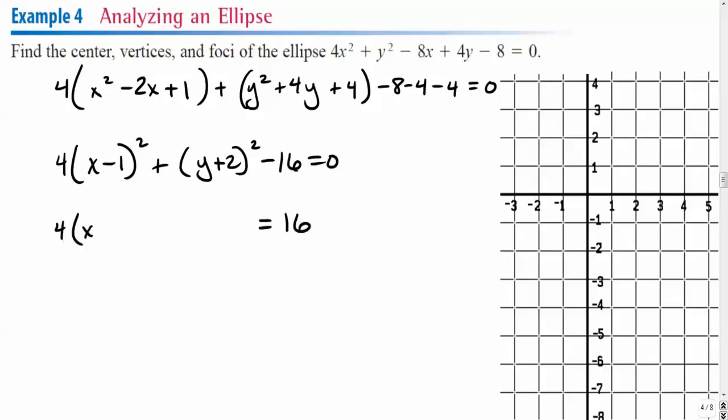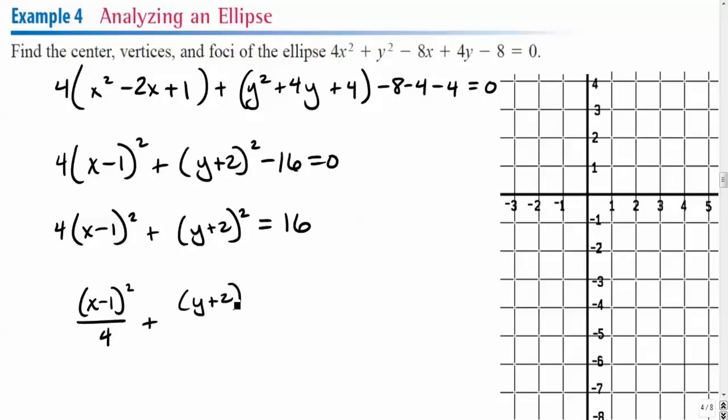So we have 4 quantity x minus 1 squared plus y plus 2 quantity squared equals 16. And just like in the last video, we're going to want to divide everything by 16. We want to make that equal to 1. So it's 4 over 16, which is 1 over 4. This is over 16, and this is 1.